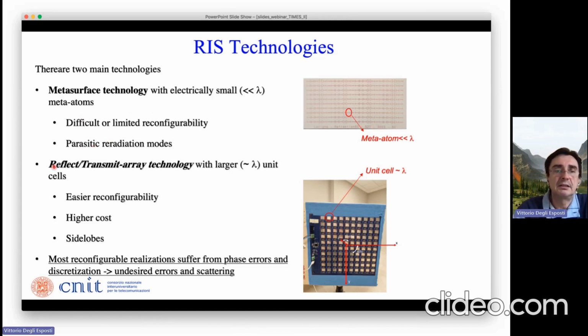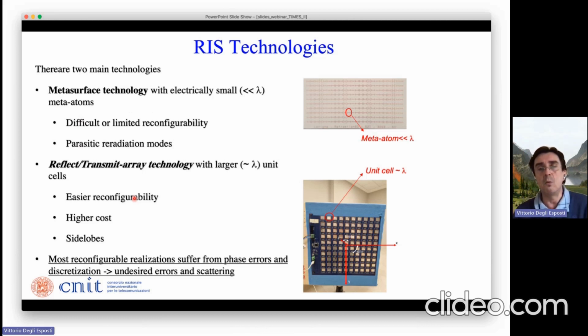Otherwise, there is an alternative, more traditional technology, which is a reflect array or transmit array technology with larger unit cells. Typically, the spacing is half lambda. In this case, given the larger size, reconfigurability is easier, but the cost is higher. And also in this case, there are side lobes.